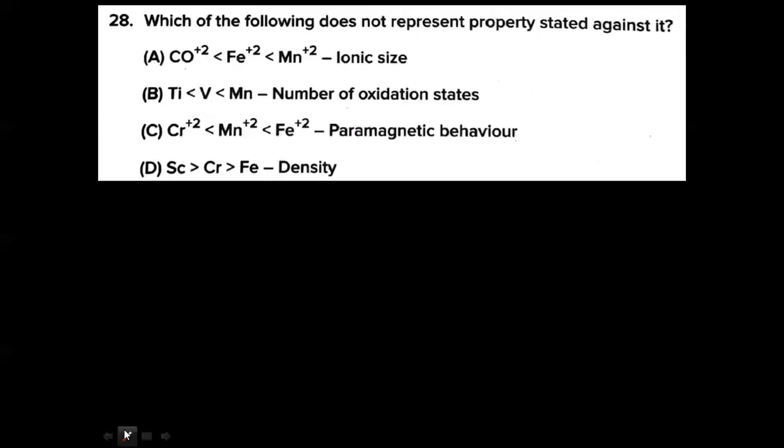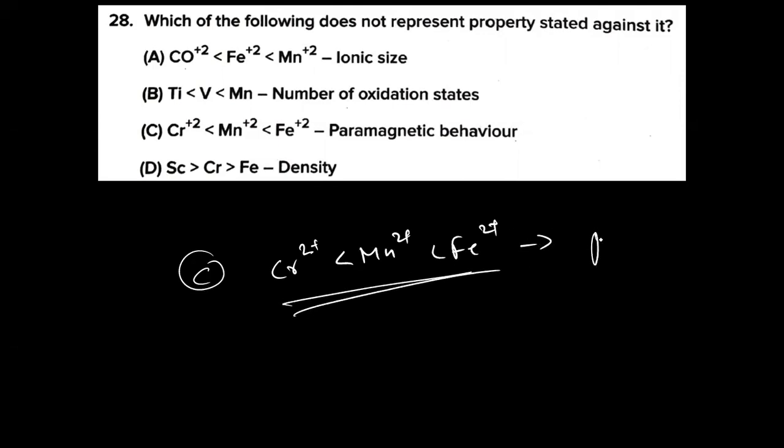28. Which of the following does not represent the property stated against it? So this is also concept oriented. For option C, if we predict, Cr2+ is less than Mn2+ is less than Fe2+. They have given paramagnetic behavior, the paramagnetic nature in increasing order.